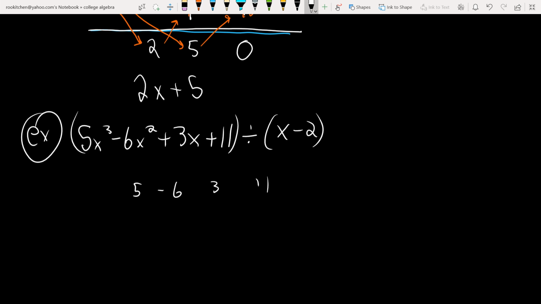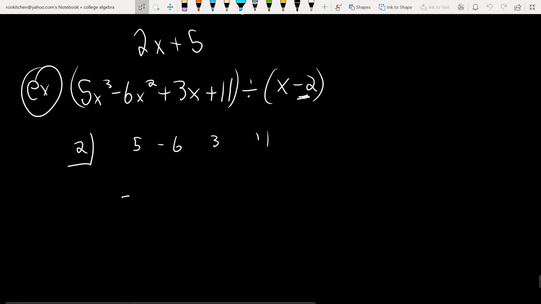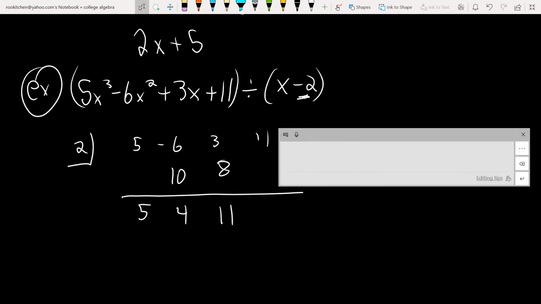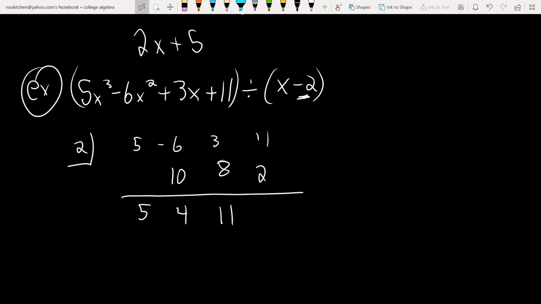And then in the box, we put the opposite of whatever this number is. It's negative 2, so we put 2 in this box. And then we begin. Drop down the 5. 5 times 2 is 10. Put that here. Negative 6 plus 10 is 4. 2 times 4 is 8. 8 plus 3 is 11. And then 2 times 11 is 22. 11 plus 22 is 33.